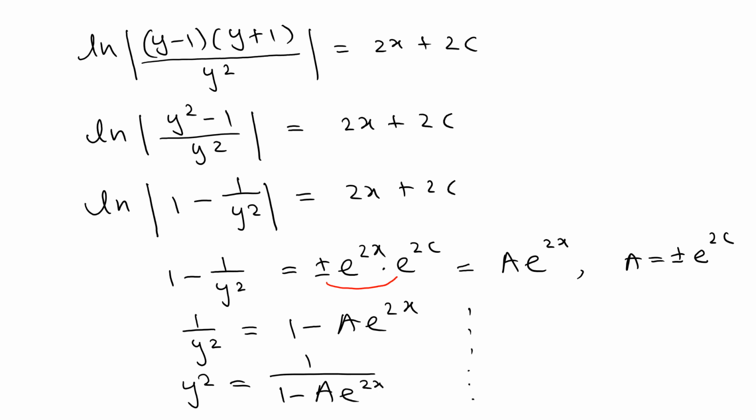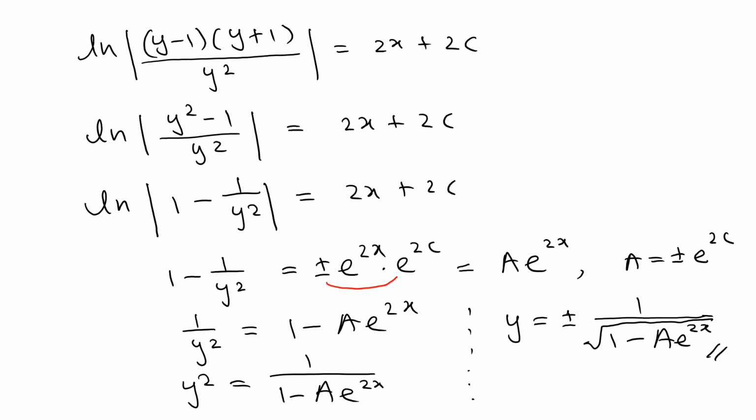Now finally we can take the square root. When you take the square root, you get y equals 1 over, actually you can write the plus or minus in front. So let's write plus or minus the square root of 1 over 1 minus a e to the 2x as the final answer.